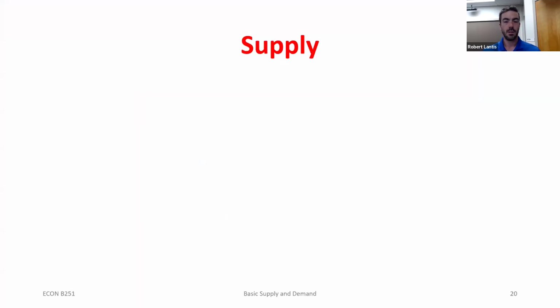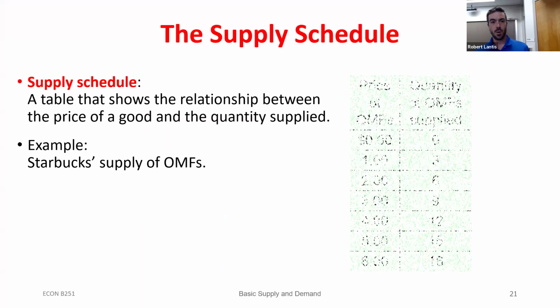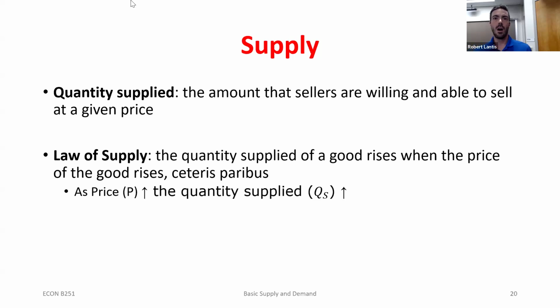So let's go back here with supply. It's kind of the reverse of demand. If I'm selling something, the price is a good thing to me, right? When I sell something, it's going to cost me a certain amount of money. There is a marginal cost to supplying a good. That means I'm only willing to supply it as long as the marginal benefit is above that marginal cost.